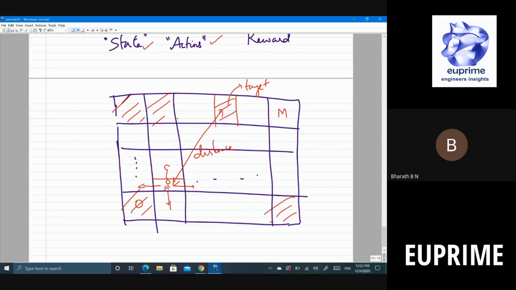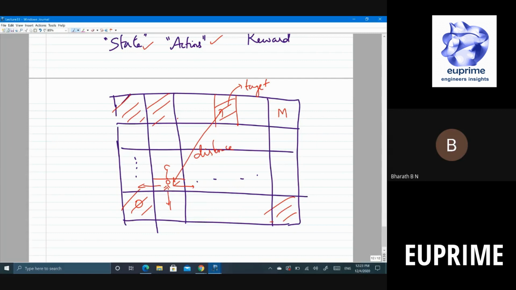One piece is to go from whatever state to a target state. States are basically positions: break the entire geographical area into smaller areas. Going from one place to the other is what the actions are. You can go right, left, forward, backward, whatever. And then the distance is your reward.